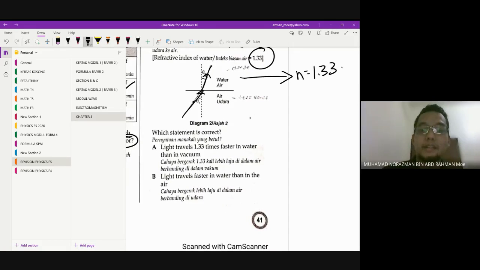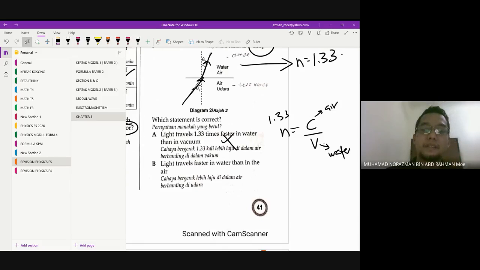Light travel 1.33 times faster in water than in vacuum. So n is equal to c over v. So v is speed in water. This is in air 1.33. So statement ni salah. So terbalik. B, light travel faster in water.